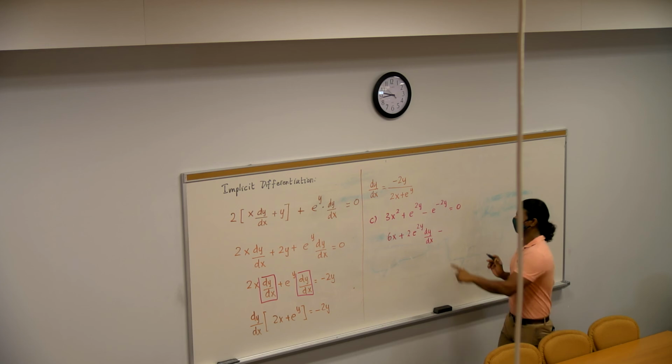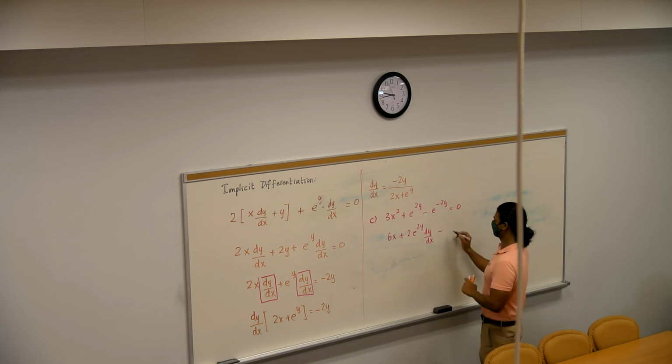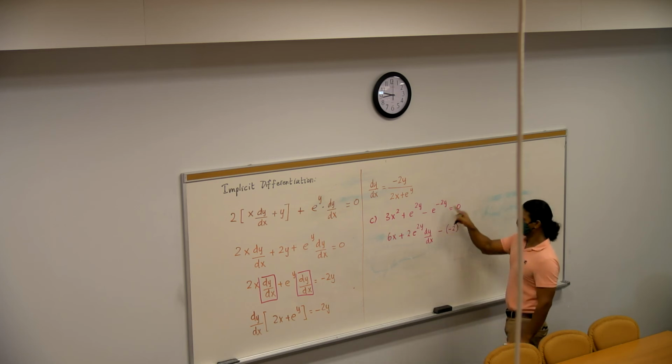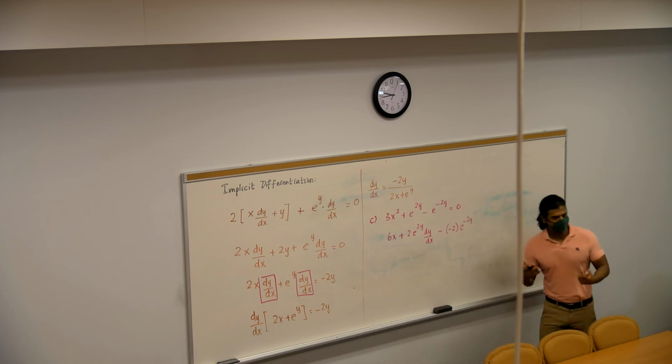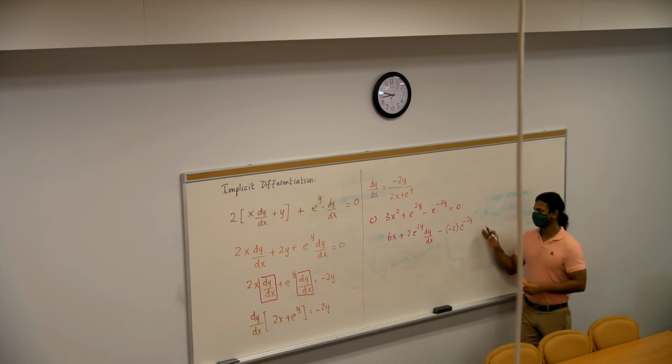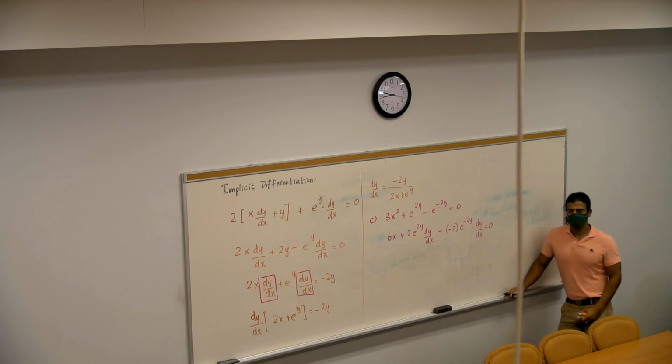Minus e raised to negative 2y. Negative 2 is going to come to the front. I am treating y as x, but since it is y and not x, I'm going to multiply it by dy over dx. Good? Now we can just combine terms and simplify.